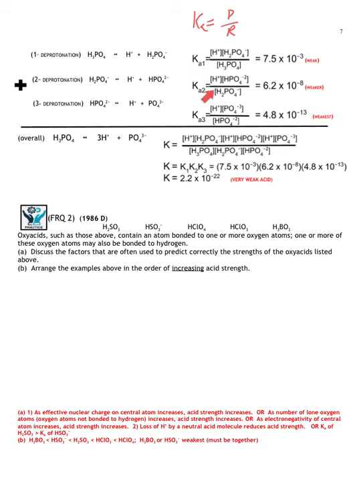So each deprotonation, you're weakening the acid strength of the substance that has formed, the conjugate acid of the previous acid in the deprotonation process. So this acid is going to be weaker than this original acid. This acid is going to be weaker than the previous. So we see it in the value. The value is decreasing as you go from one deprotonation to the next.